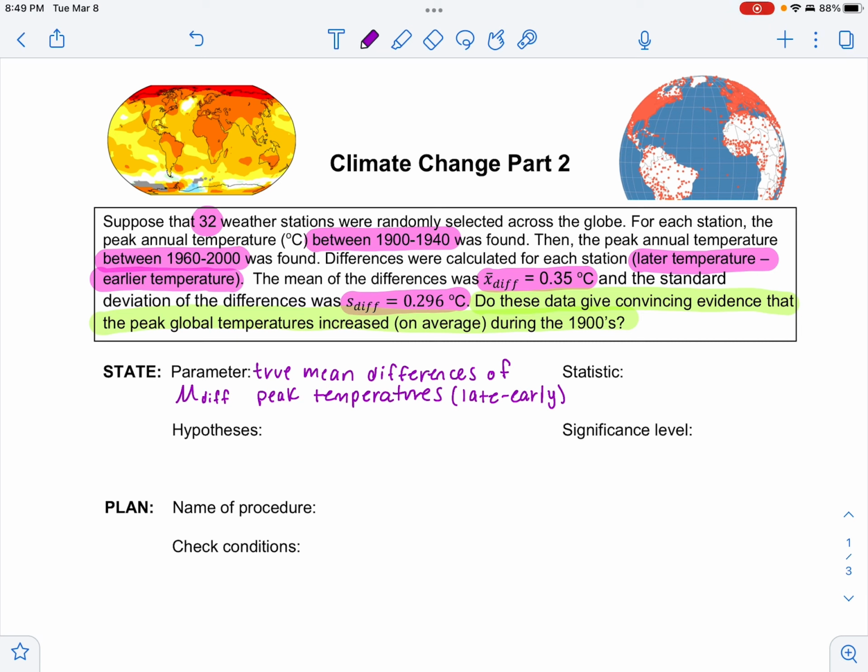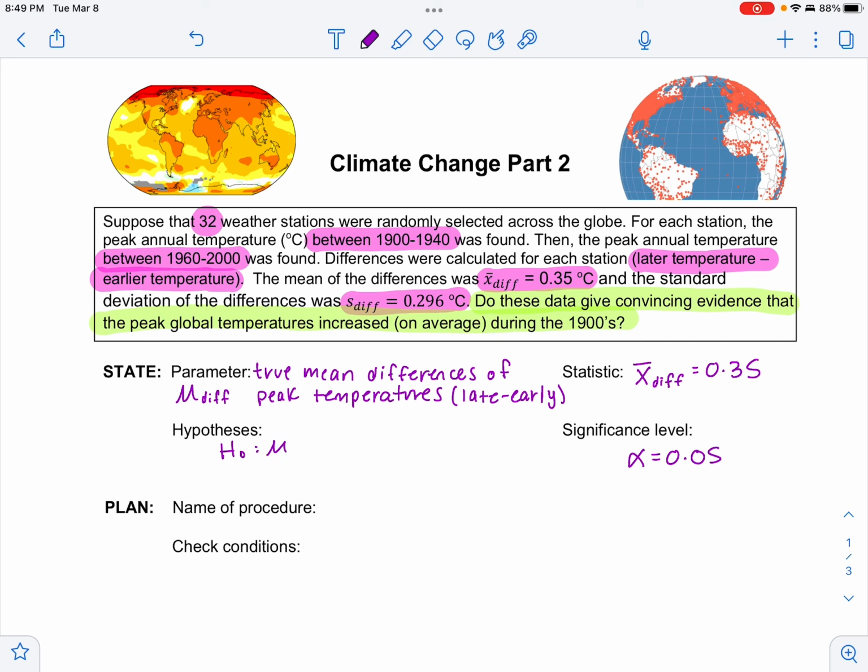The statistic is given to us straight from the problem. That is our x bar sub difference, and it is 0.35. The significance level is not explicitly stated, so we're just going to assume the significance level of 0.05. And now we want to write our hypotheses. So starting with the null hypothesis here.